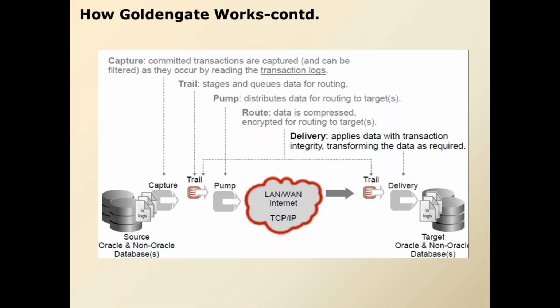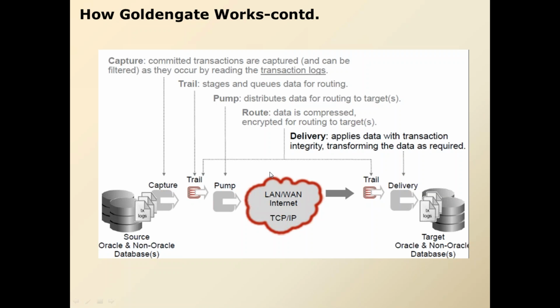Just like archive logs are binary format files and consume space on your operating system, in the same way these trail files consume space on your operating system. Trail files on the source system are known as local trail. Trail files on the target system are known as remote trail. So the capture process captures and writes to local trail. Remember, the capture process captures only committed transactions.